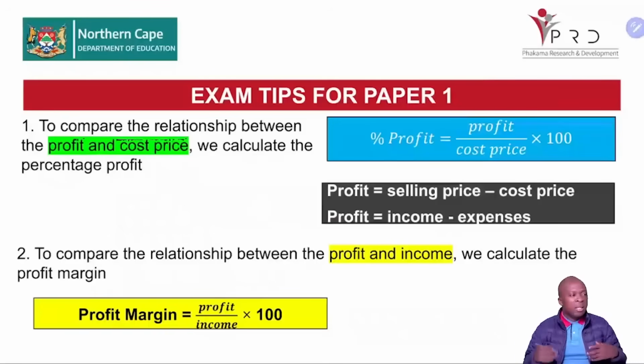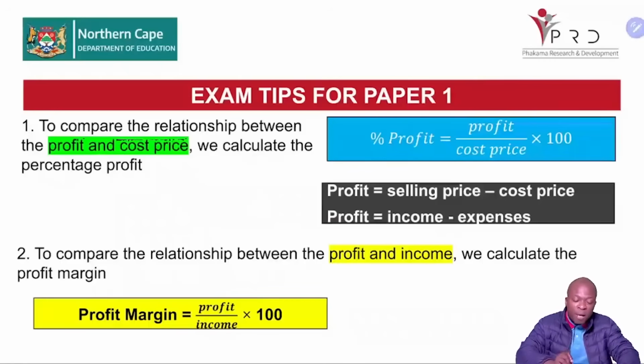So sometimes the business person wants to find out or compare the profit and the cost price. How is it related? Am I getting more profit or less profit? Because the more the profit, the better. The less the profit, not so much. You have put a lot of effort, but you are not getting much back.